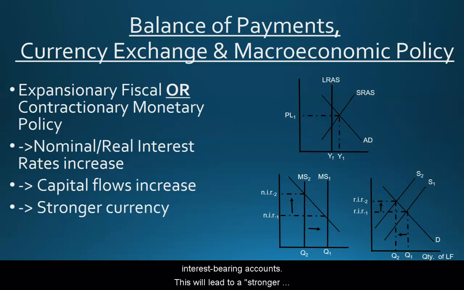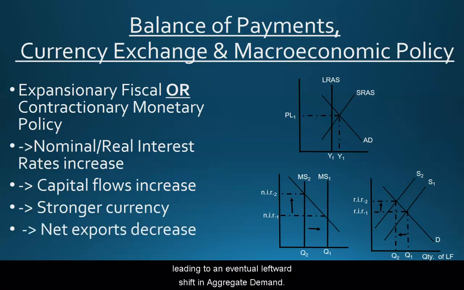This will lead to a stronger currency due to the increased price levels and interest rates. But unfortunately, as we have learned prior, a strong currency makes goods expensive. Therefore, the country's net exports will decrease, leading to an eventual leftward shift in aggregate demand.